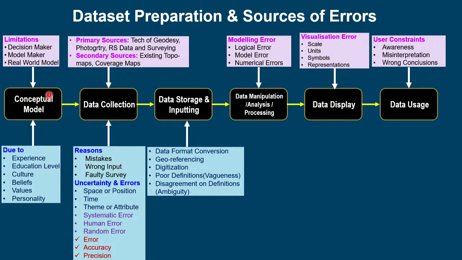Or you can say the decision makers. So at the time of conceptualization of the model, people, though they are higher officials, also have their own limitations, and because of those limitations they also make certain mistakes, and those mistakes reflect in the form of errors in the GIS system.